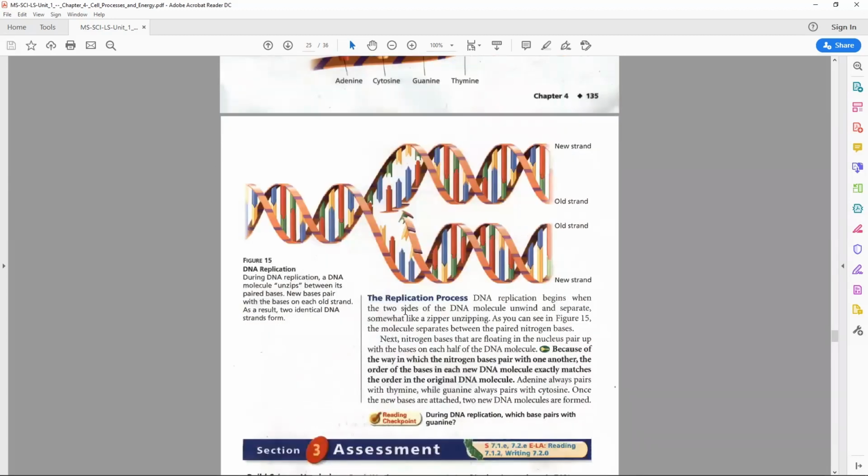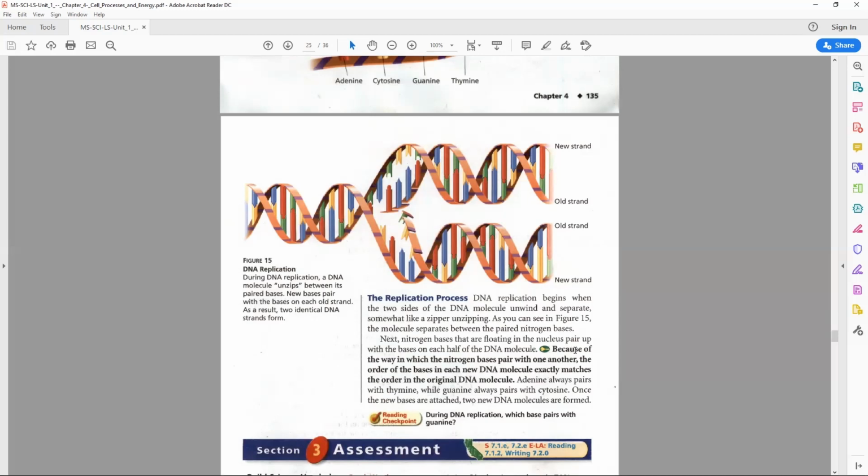DNA replication begins when the two sides of the DNA molecule unwind and separate, somewhat like a zipper unzipping. As you can see in figure 15, the molecule separates between the paired nitrogen bases. Next, nitrogen bases that are floating in the nucleus pair up with the bases of each half of the DNA molecule.